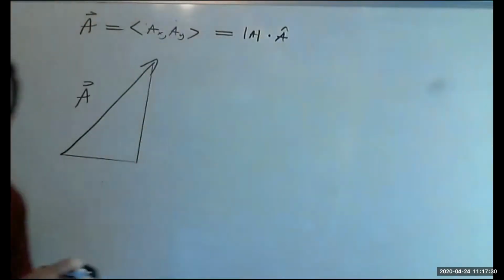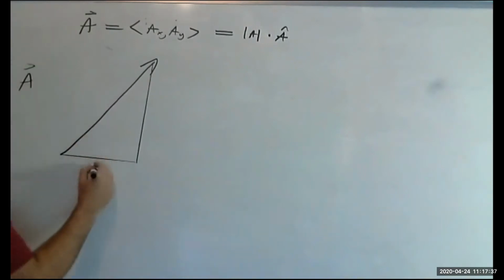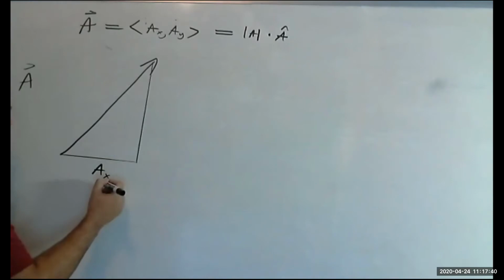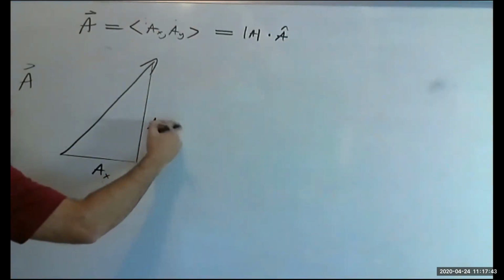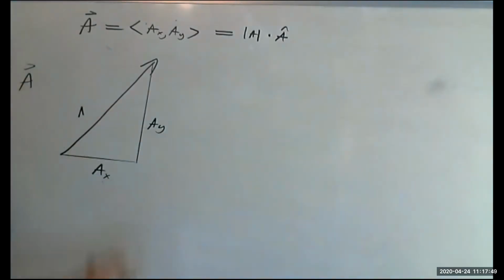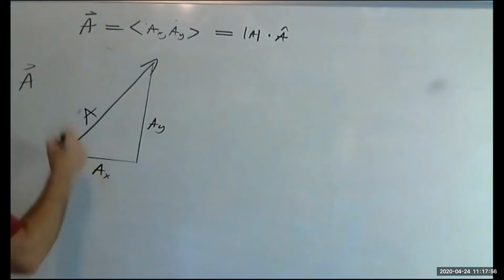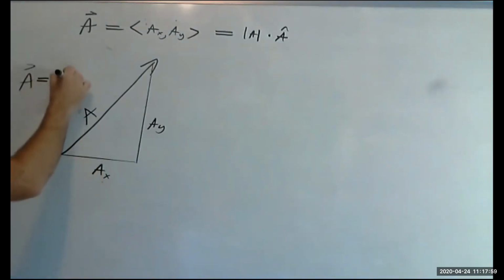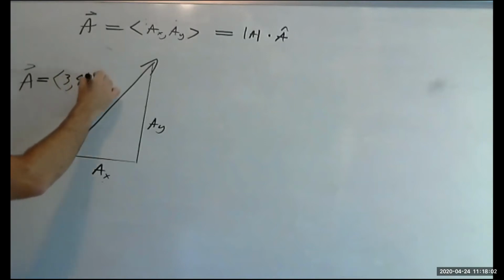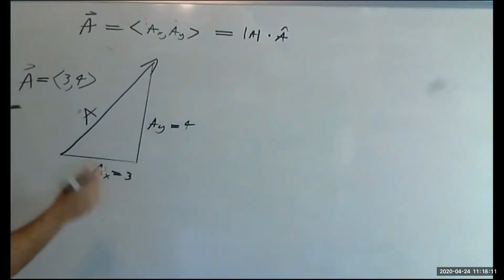All right, so back to our triangle. This is all for vector A. AX, AY, and A. So what is the magnitude of this one again?